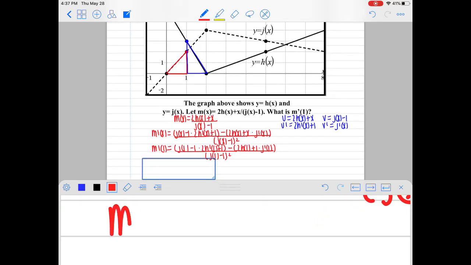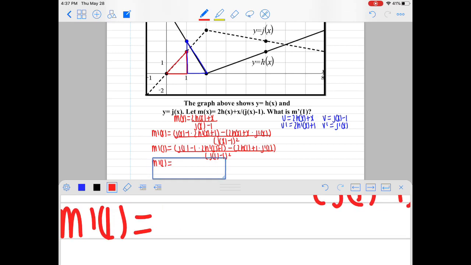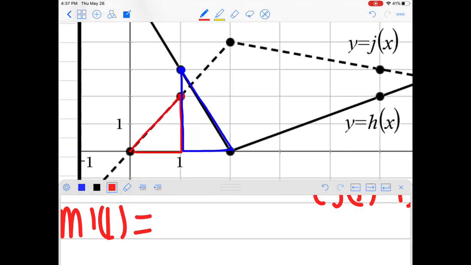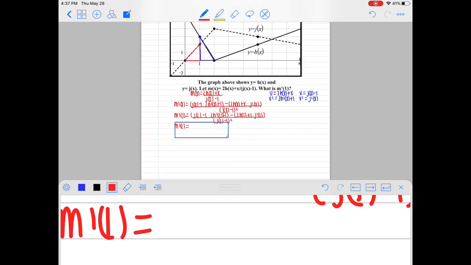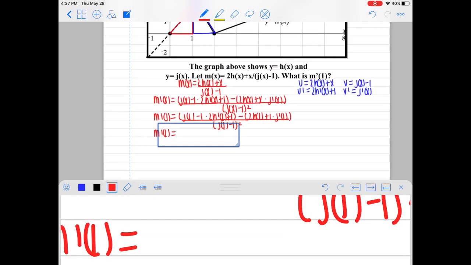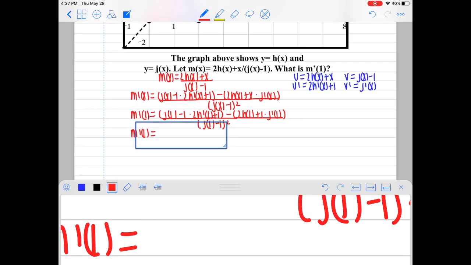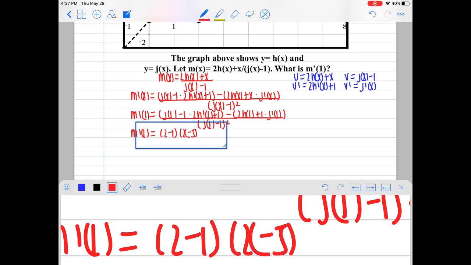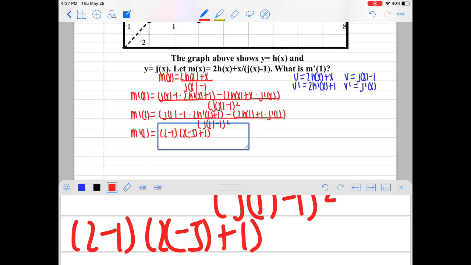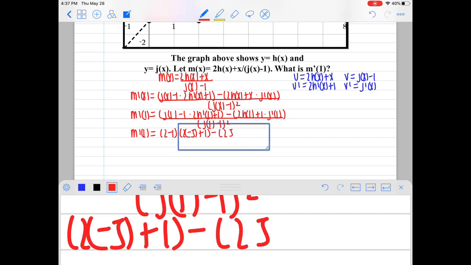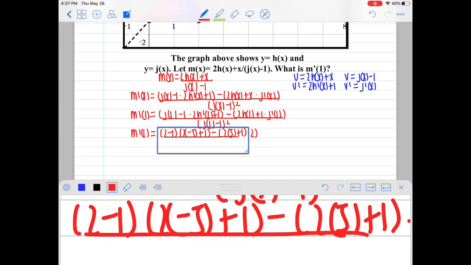And now, in order to find the values, we're just going to be looking at the graph. So to find the values on the graph of just j of 1 and h of 1, we're going to see what they equal at x equals 1 at the lines plotted. And to find the derivative of j of x and h of x, we're just going to calculate the slope at x equals 1 in order to get those values.